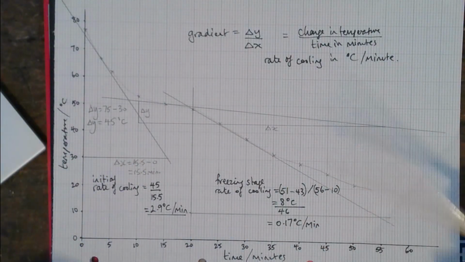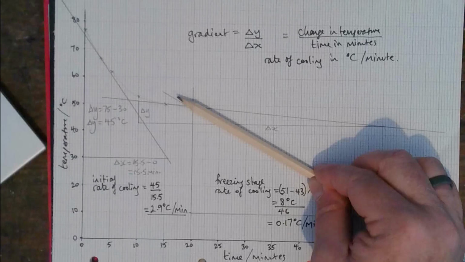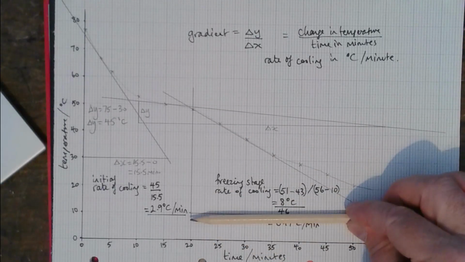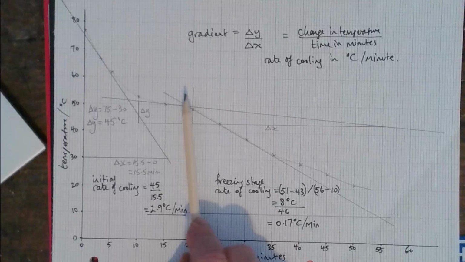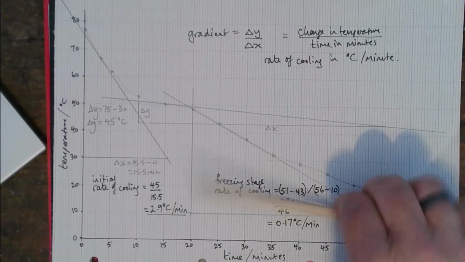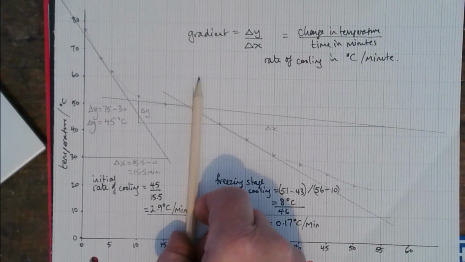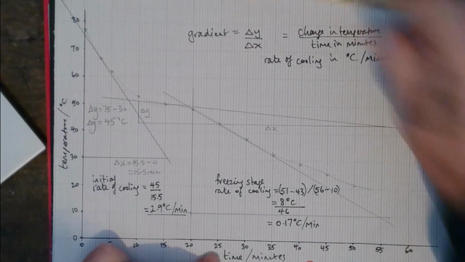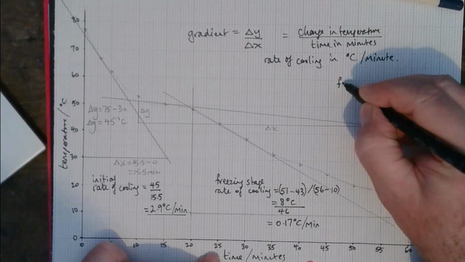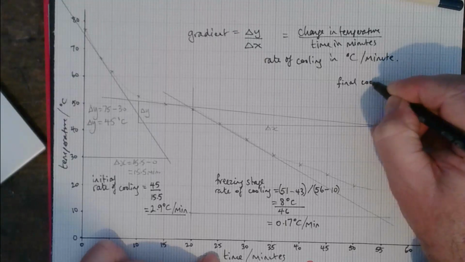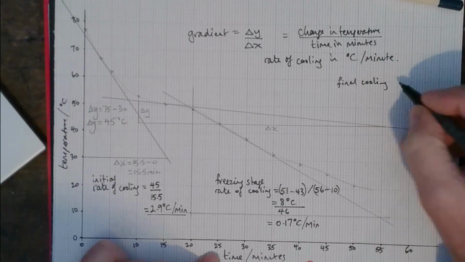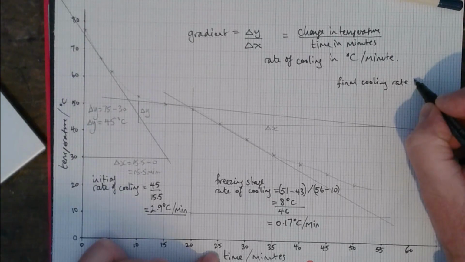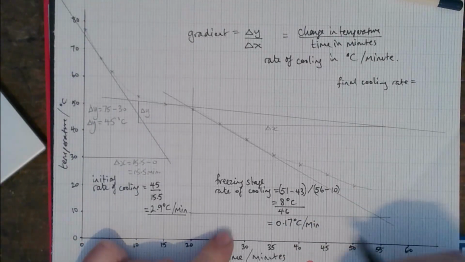Okay, so I've selected my tangent for my final rate of cooling, which is there. I've got a change in x, and I've got a change in y. I've got a change in minutes, and a change in degrees Celsius. So for my final cooling stage, my final cooling rate equals my change in y.